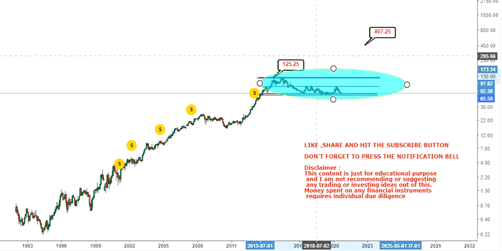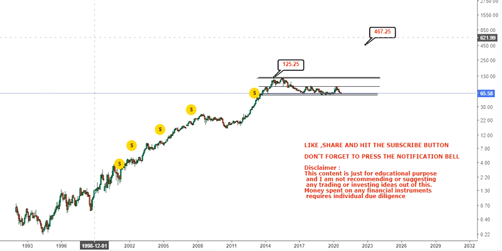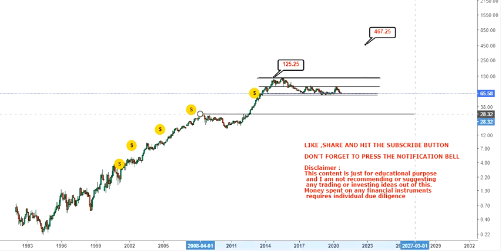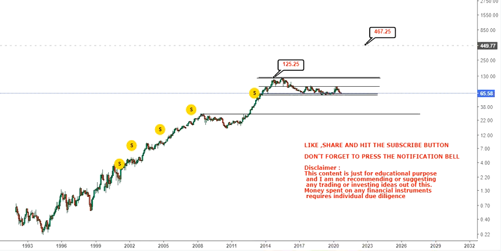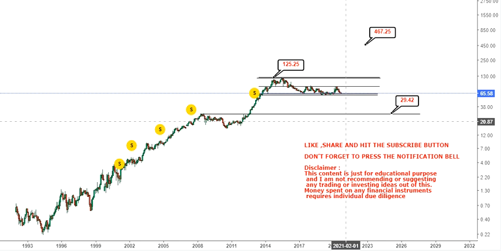I have already explained the support and resistance for this consolidating range, and this can be your short-term or intermediate-term support or resistance. This is for the upside, and I have already explained the downside. One thing left is the adverse scenario: if the stock falls below 60 odd dollars, then the stock may fall towards 29 to 30 odd dollars.